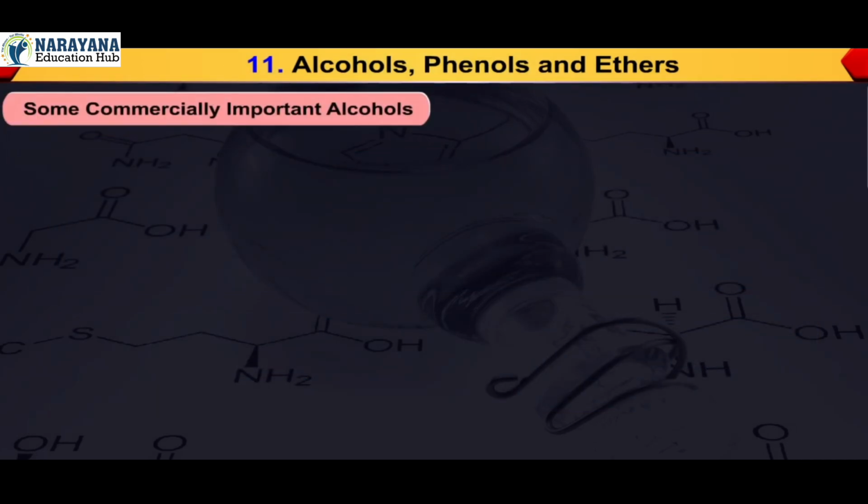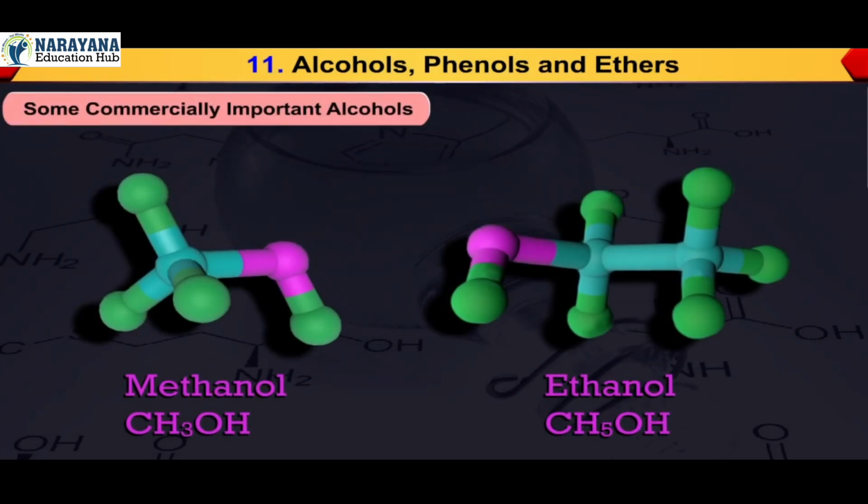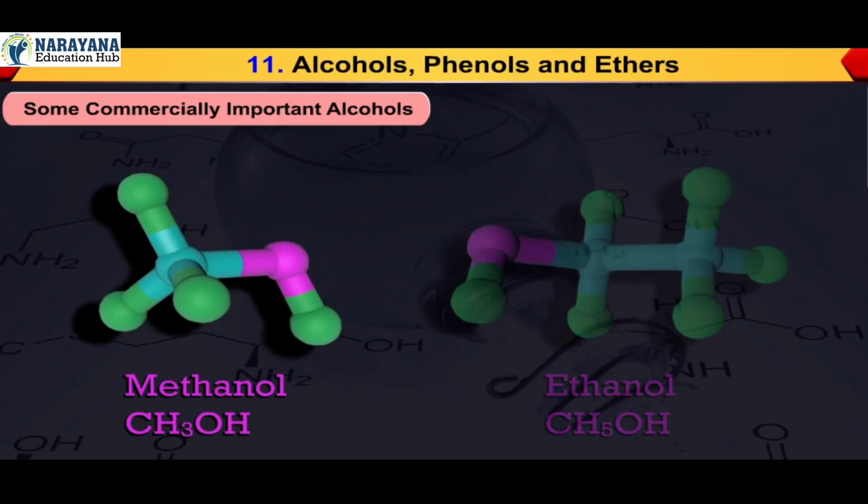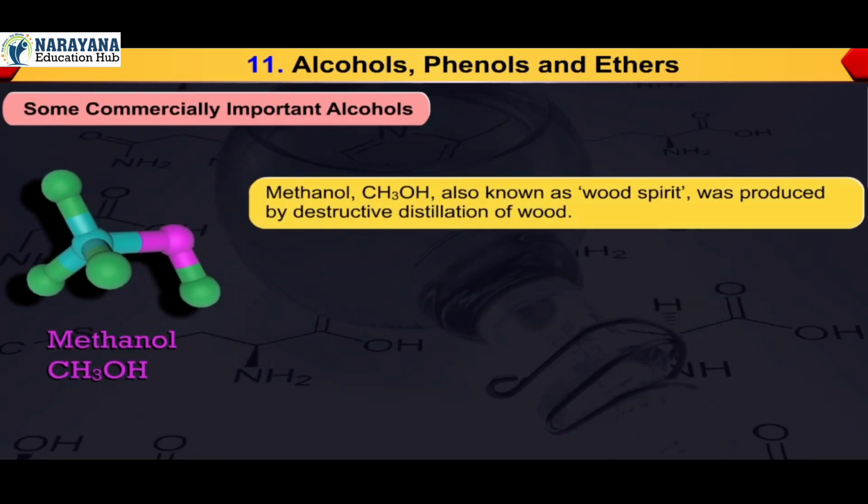Some commercially important alcohols. Methanol and ethanol are the two commercially important alcohols. 1. Methanol. Methanol, CH3OH, also known as wood spirit, was produced by destructive distillation of wood.